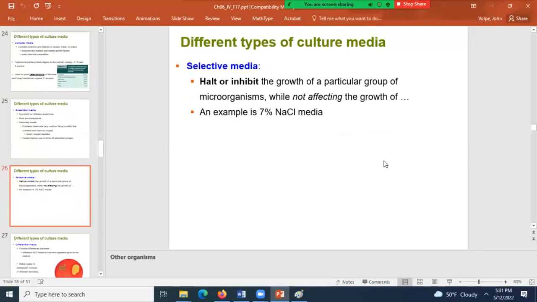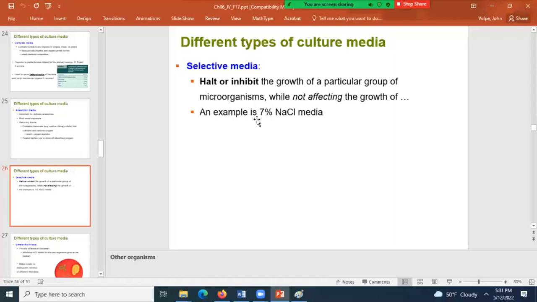There are different types of media. There are selective media. This is a media that has a chemical in it that halts or inhibits the growth of a particular group of microorganisms, but does not affect the growth of another type of organism. For example, if we put 7% sodium chloride in the media, only organisms that could tolerate and grow in 7% sodium chloride would be growing in that media.